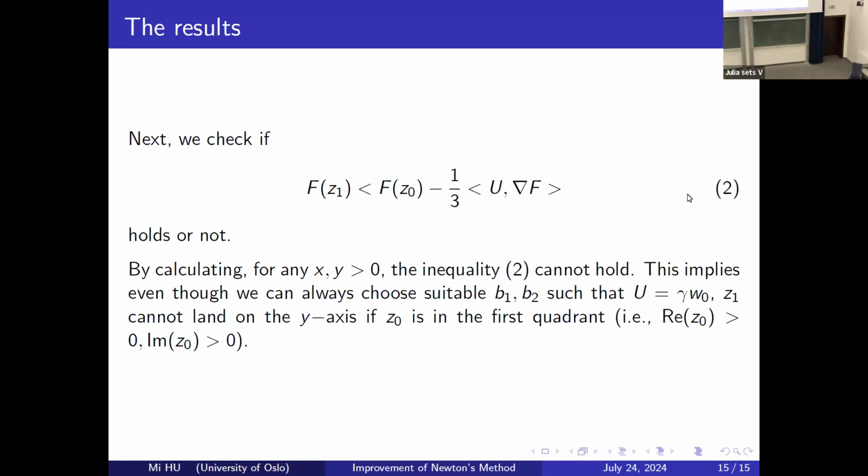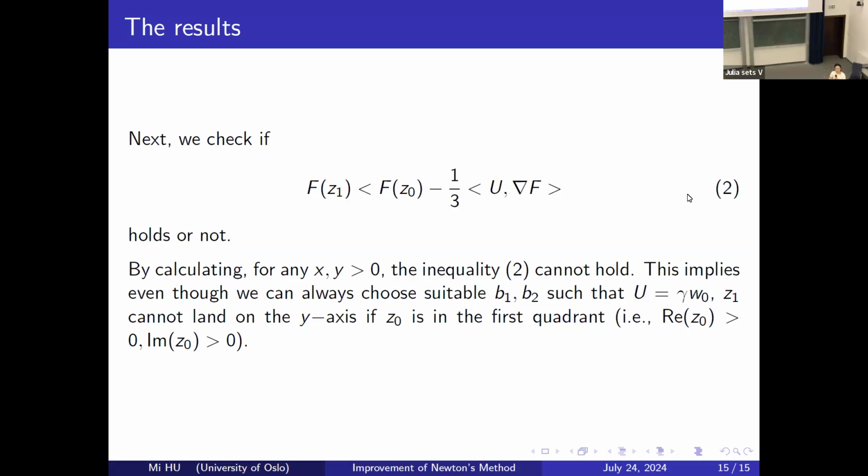Thank you. Do you have questions? So, as you said, in the case of a quadratic polynomial, at least, the basins of attraction do not depend on the step of your method. Is it true in general?